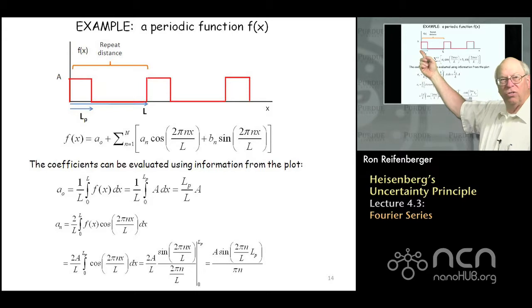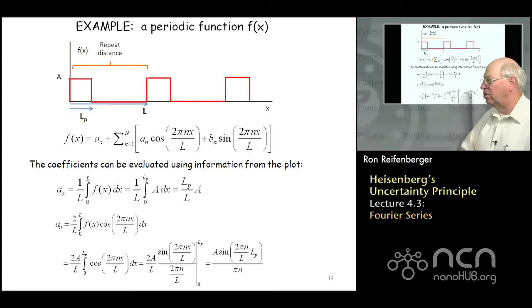These pulses are periodic in this distance capital L, so every distance L along the x-axis, this periodic square wave repeats itself, and we're going to say that the width of this pulse is designated by a parameter capital L sub p. So we've got a repeat distance, we've got the width of the pulse, and we've also got a coefficient a that emphasizes the amplitude of the pulse.